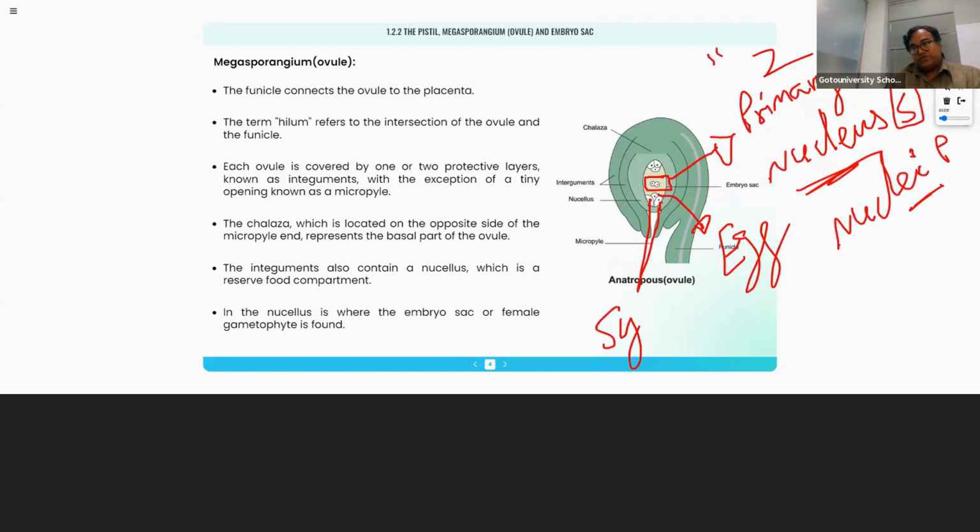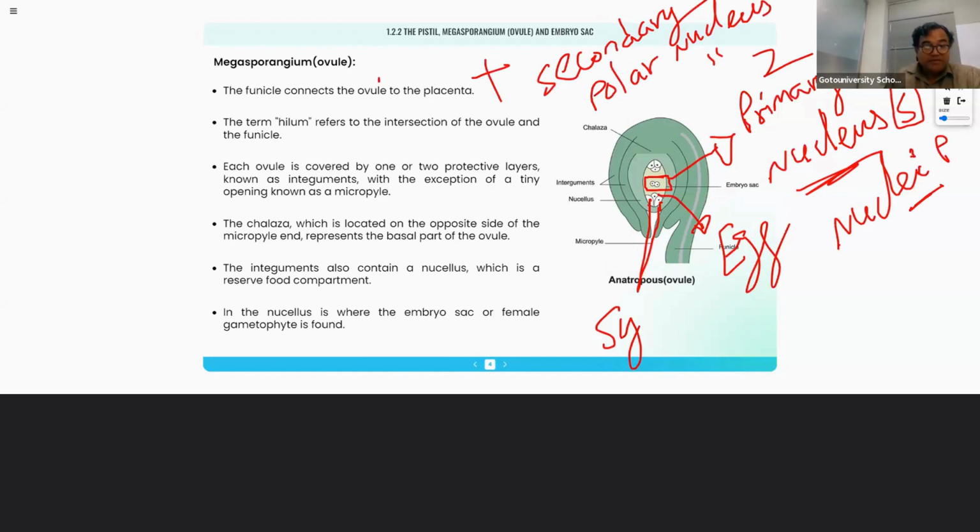Once they fuse, they are going to make the secondary polar nucleus. This is very, very important for getting evolved as endosperm. This will happen when the other male gamete is getting fused.